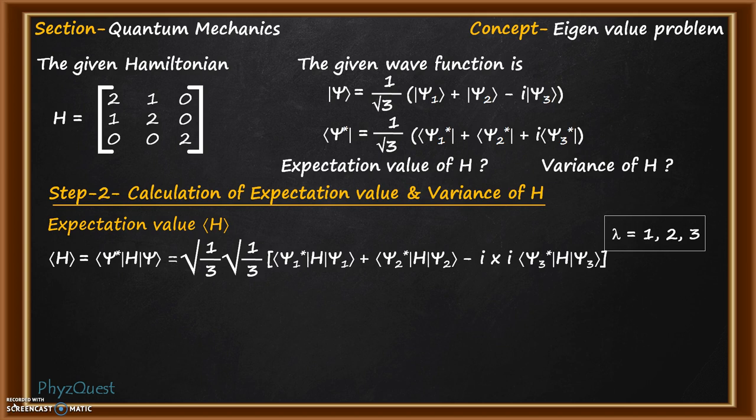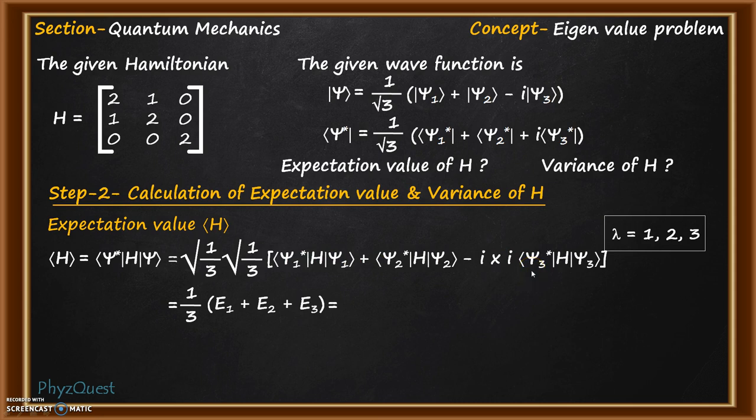Upon operating the Hamiltonian on this wave function, this will ultimately lead to 1 by 3 (E1 plus E2 plus E3). Here E1, E2 and E3 are the eigenvalues corresponding to the eigenstates psi 1, psi 2 and psi 3 respectively.